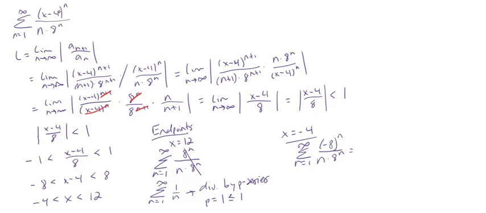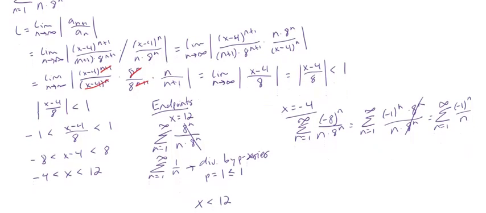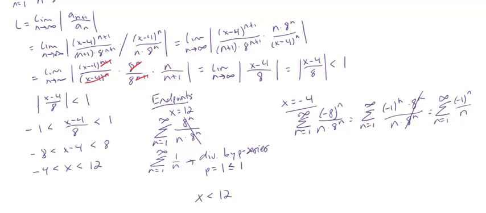Well, that is the same as I talked about in the last video. Sigma n equals 1 to infinity of (negative 1) to the n times 8 to the n over n times 8 to the n. Again, those cancel. Sigma n equals 1 to infinity of (negative 1) to the n over n.